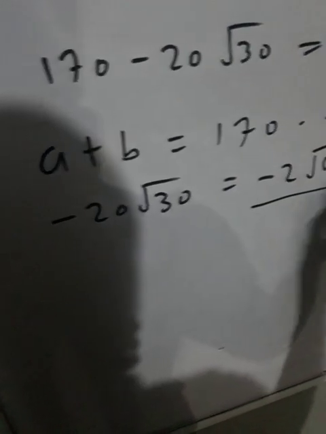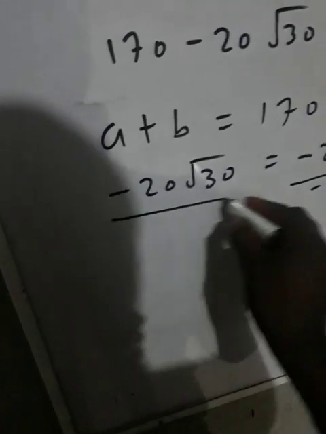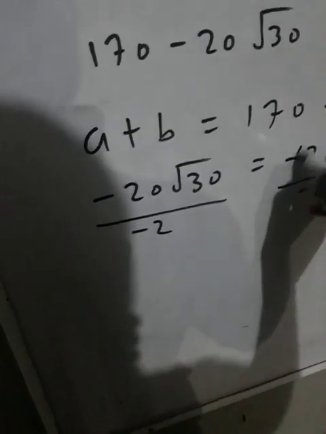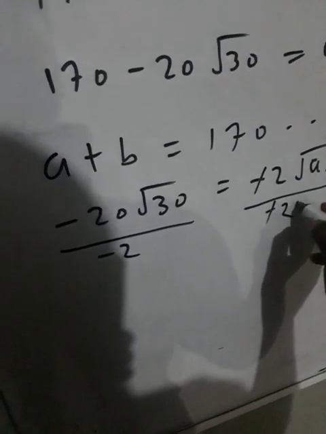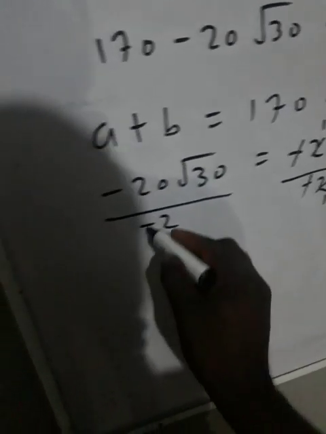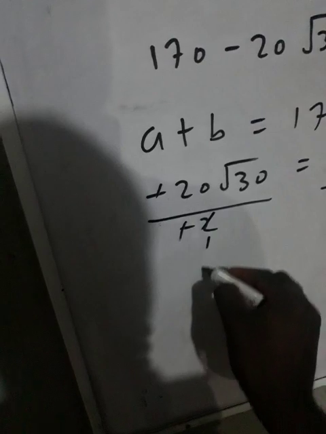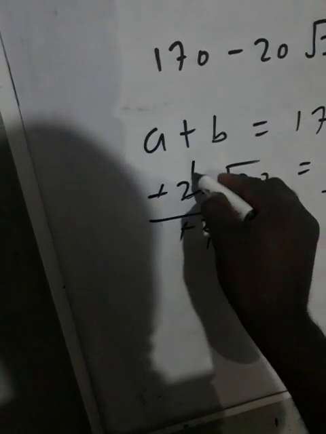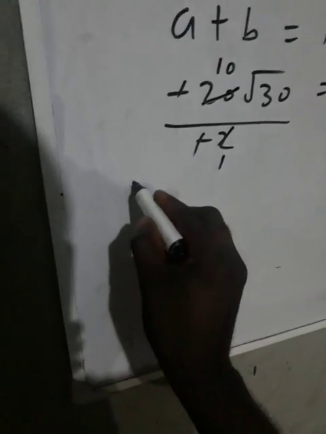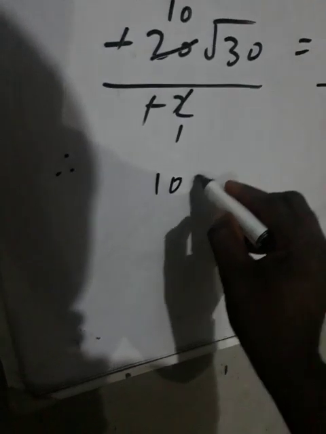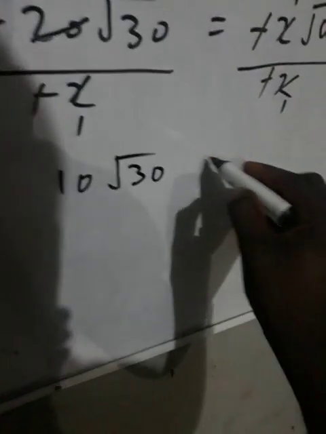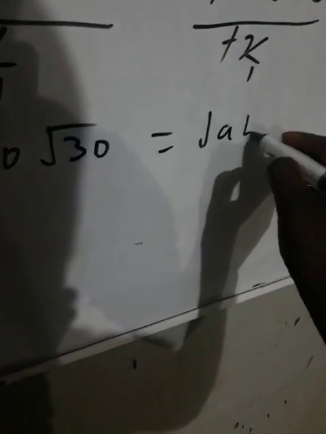Minus cancels minus, 2 cancels 2, it will give us 1. Minus cancels minus, 2 cancels into 20 to give 10. Therefore, we have that 10 root 30 is equal to root ab.